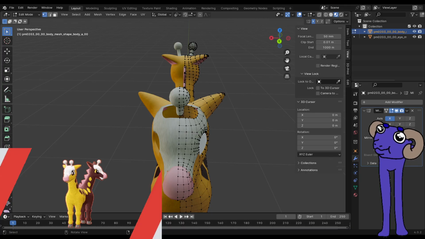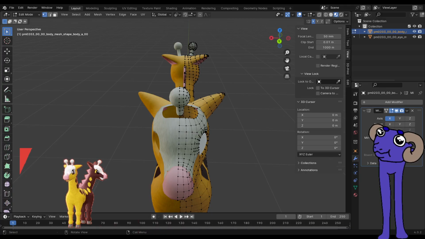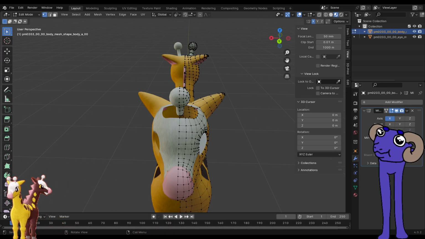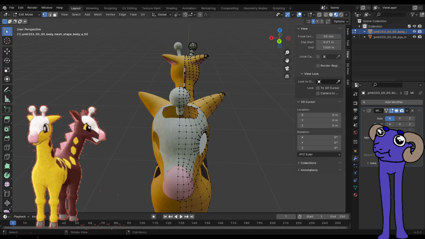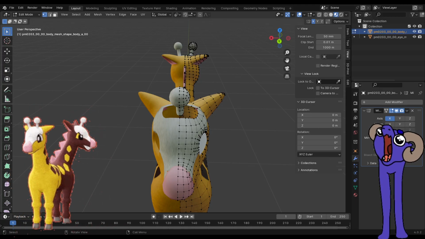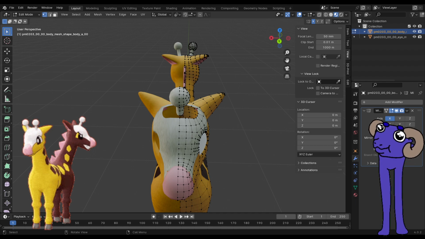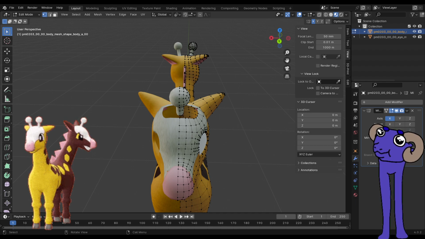Oh, wrong one. Perfect. Yeah, it's not quite perfect. There's a little bit of occasional color bleed through. Maybe I can up the similarity limit. There we go. I think that's about as good as I'm gonna get it.